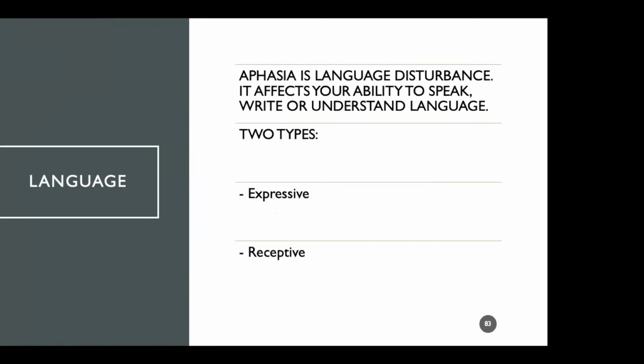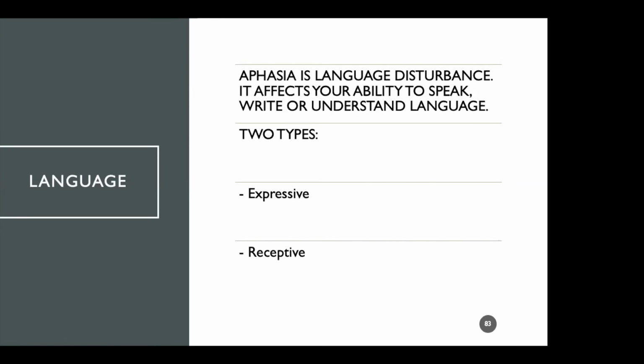Basically it means you cannot communicate because of brain dysfunction. So you've lost that language ability to actually string together phrases in correct grammar and syntax and communicate what you need, or you can't understand when a caregiver is talking to you. Can you imagine having that as a problem?